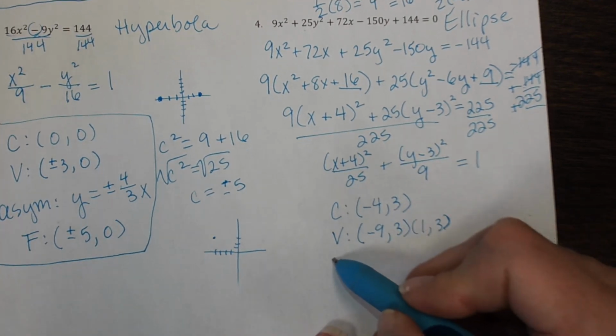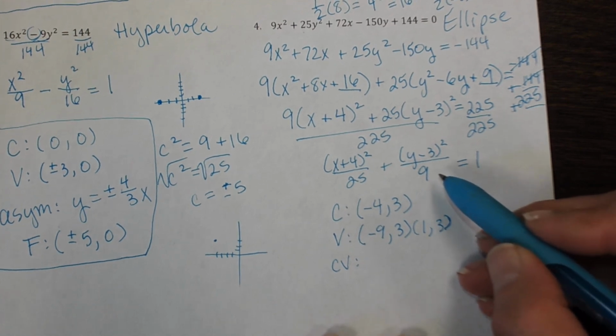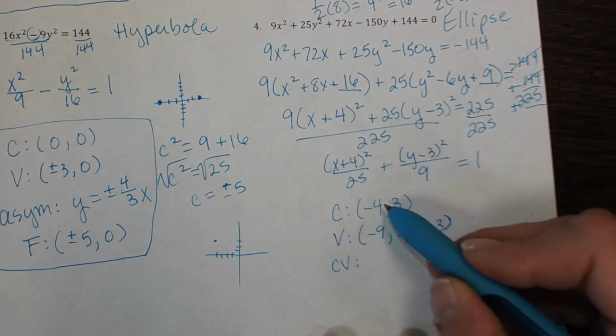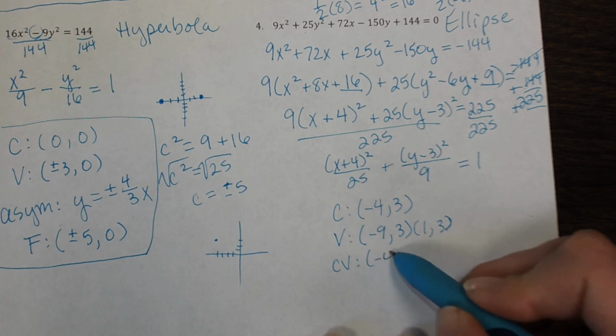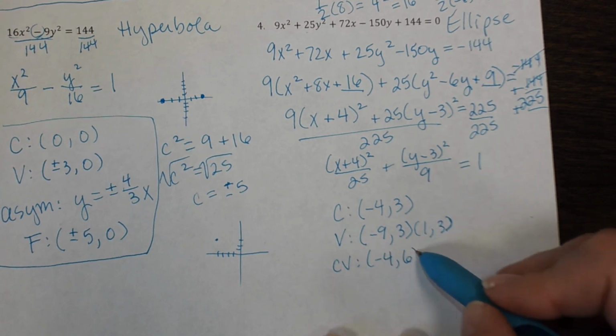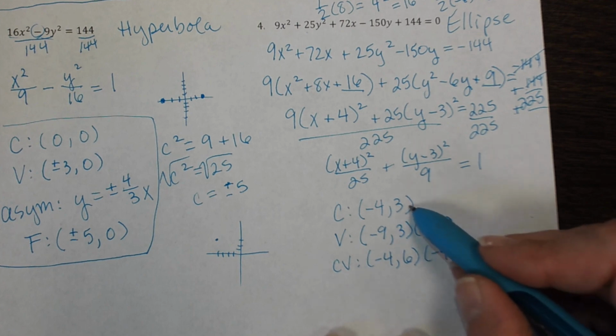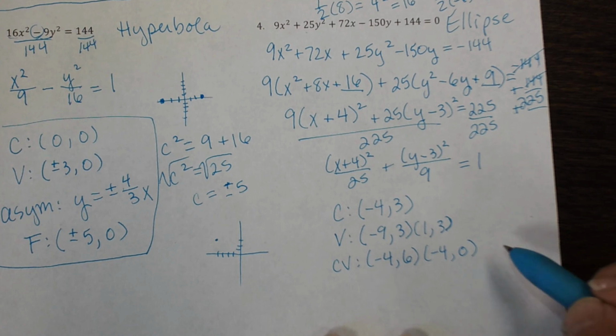And then our co-vertices, we're going to be going up or down 3. So again, our x won't change this time. So I have a negative 3, and if I go up 3, that would be 6. And then I have negative 4, and if I go down 3 from my center, that would give me 0.